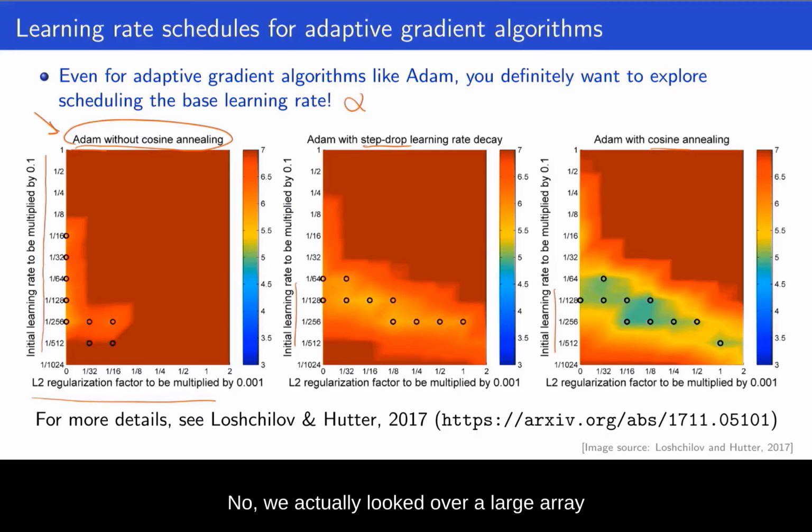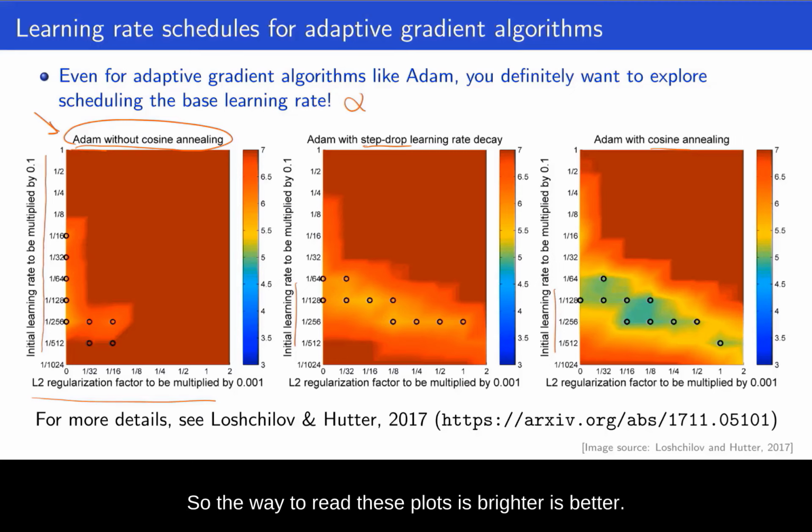No, we looked over a large array of different learning rates and found that for all of them, Adam with a fixed base learning rate is weaker than Adam with a step drop learning rate, and that in turn is weaker than Adam with cosine annealing.